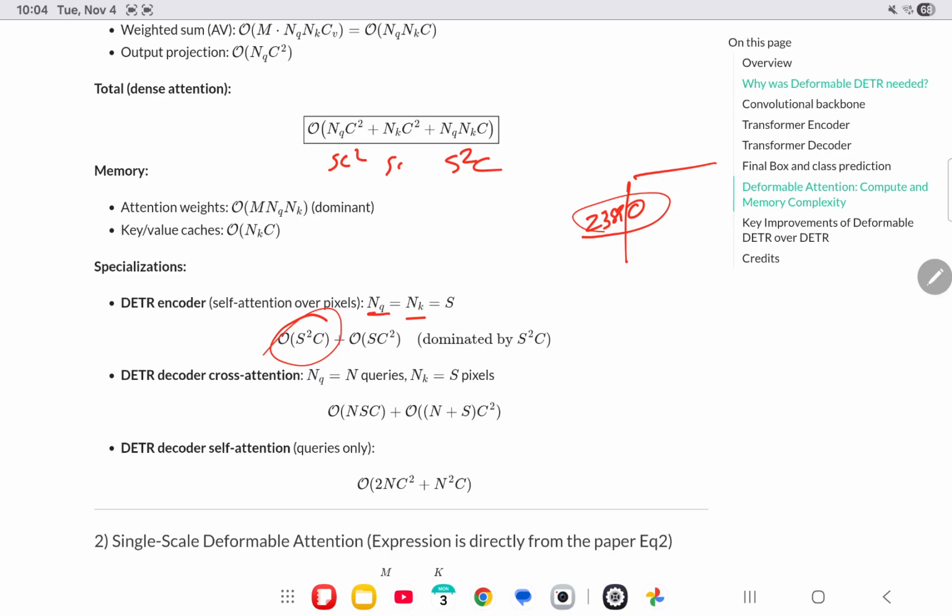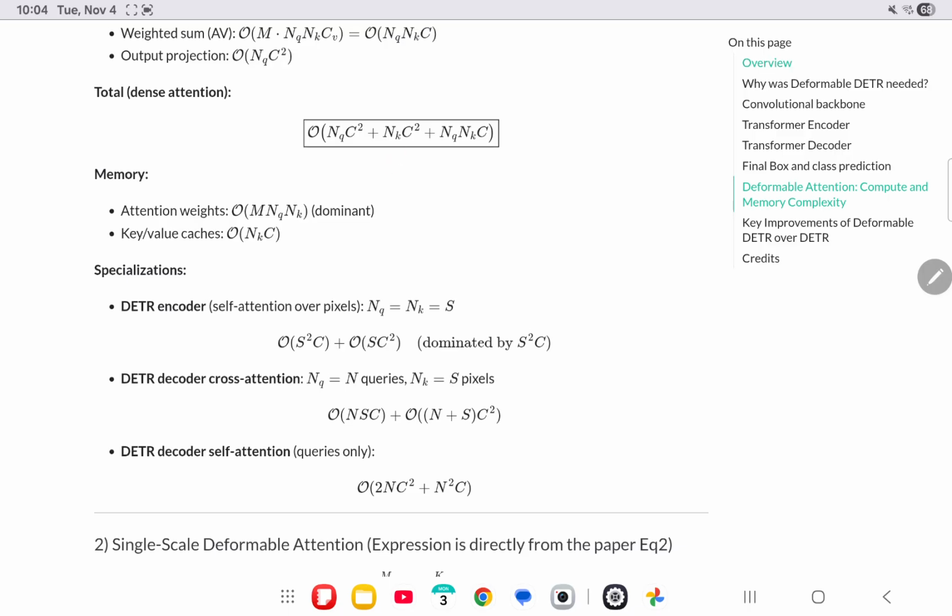And in cross attention, how this term comes is, we have NK equal to 100, and NQ say is S, which will be equal to H into W. So this is directly from this equation, right?